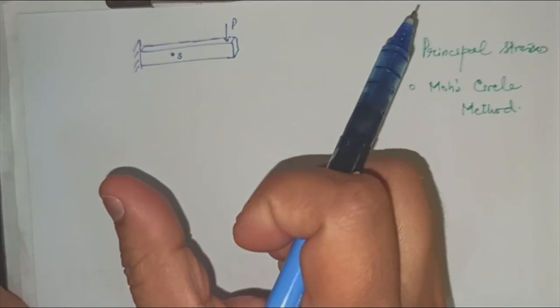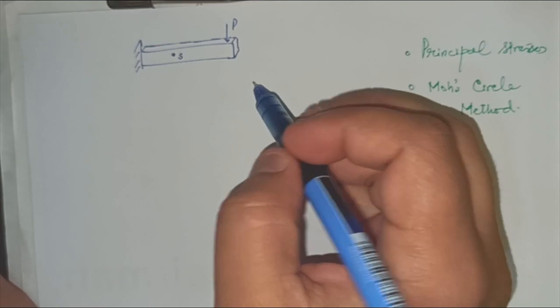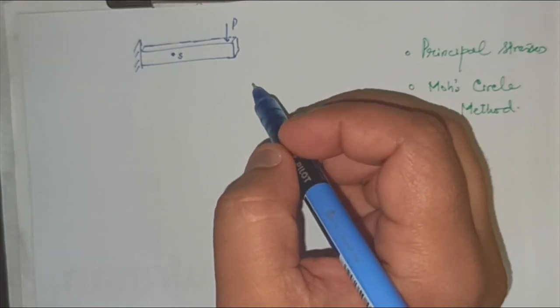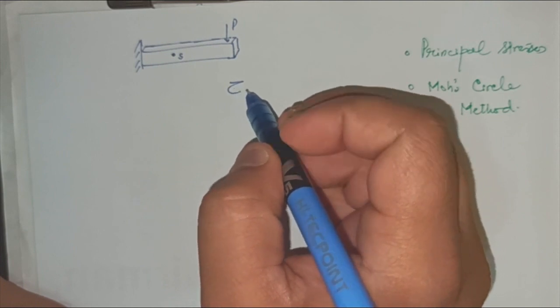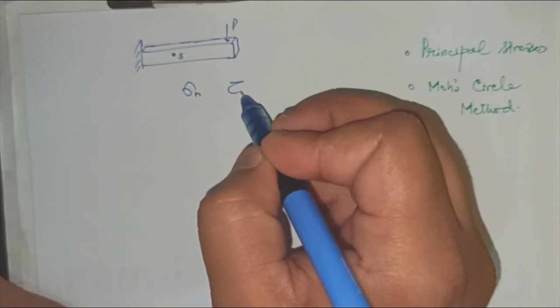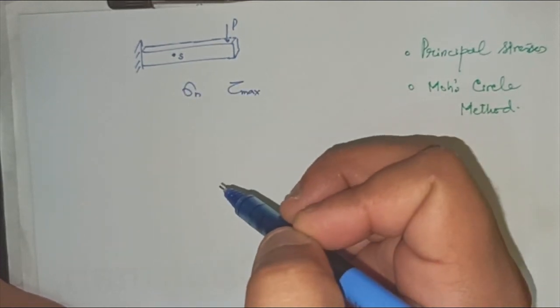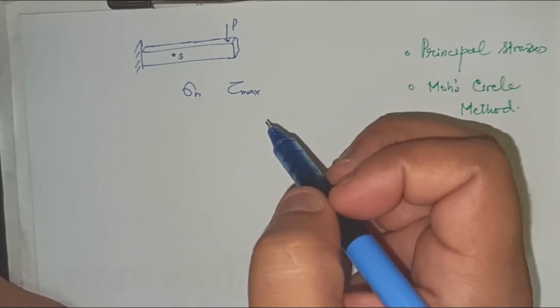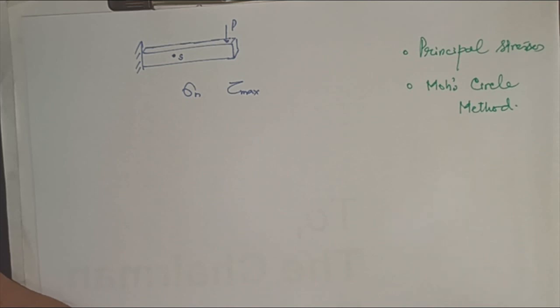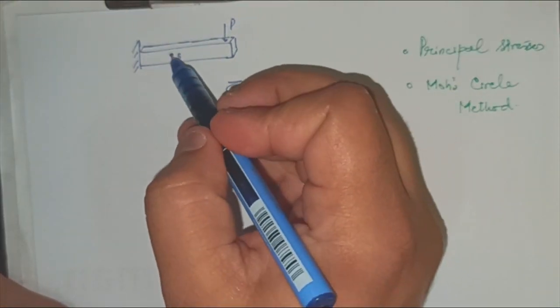So these two components are most important: maximum normal stress, sigma n, and maximum shear stress.